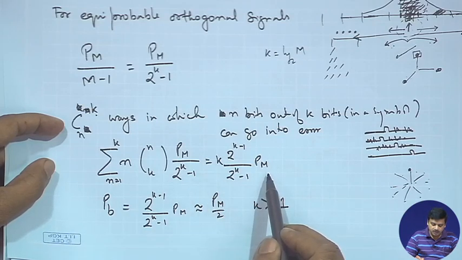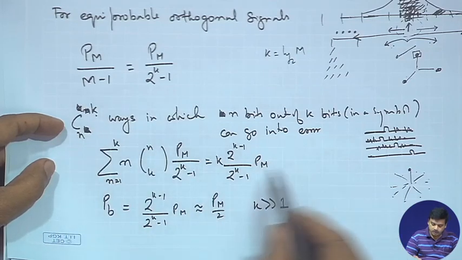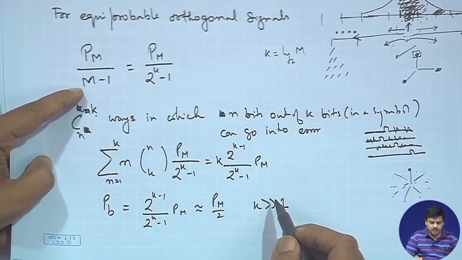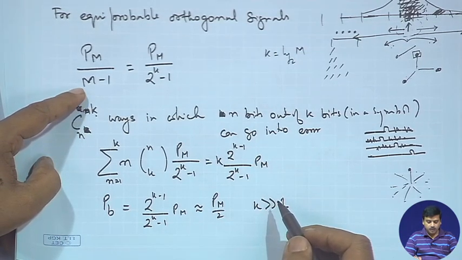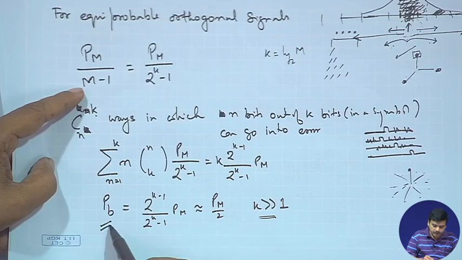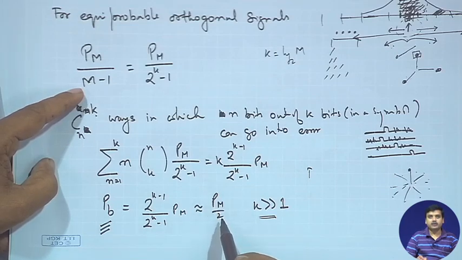We have to take all such possibilities along with the possibility that any of the bits goes into error. So, by expansion of this term, what we have is P_m upon 2 to the power of k, because as k is greater and greater than 1, this is almost equal to 2 to the power of k. So, you could solve this with this approximation, and you could get that the probability of a bit going into error would be approximately equal to the probability of a symbol going into error by 2.